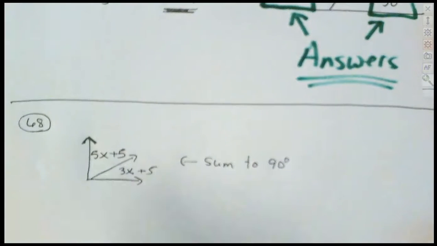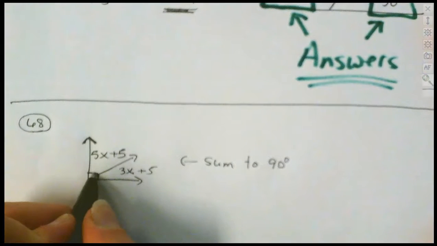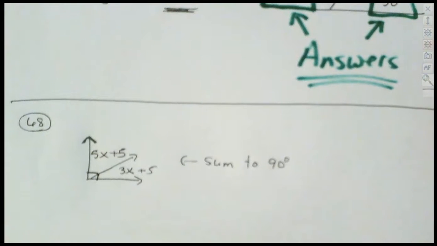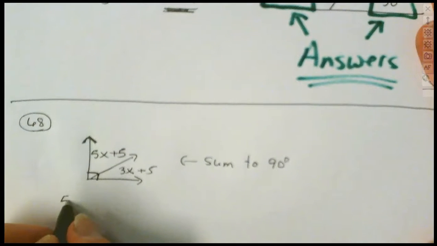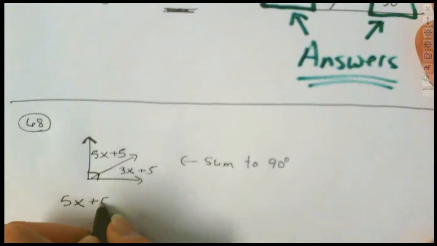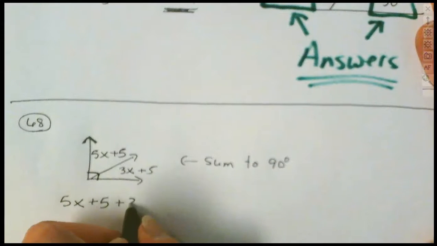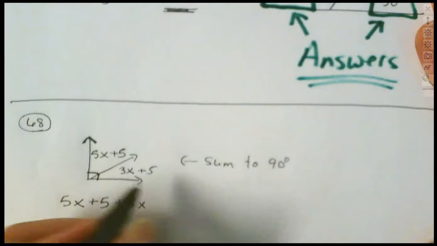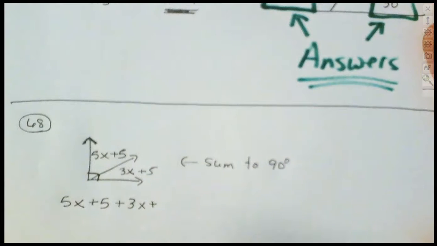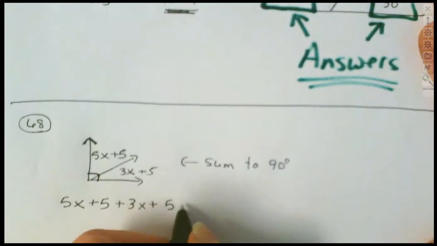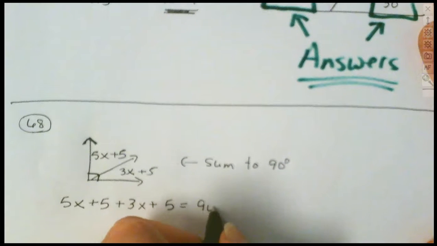That makes that right angle. It has the box down here. So that's going to sum to 90 degrees. So that gives us 5x plus 5 plus 3x plus 5 equals 90.